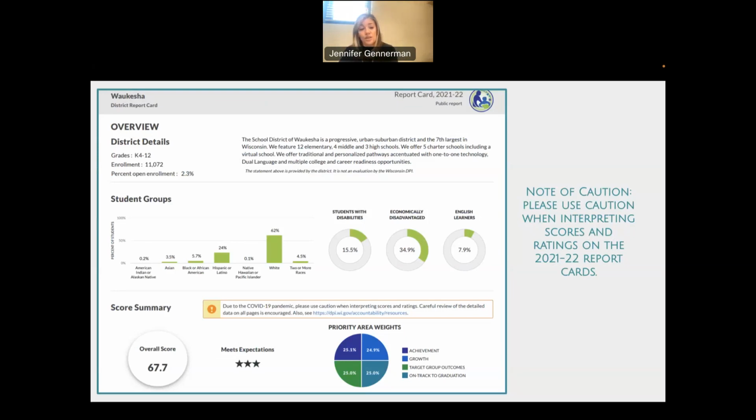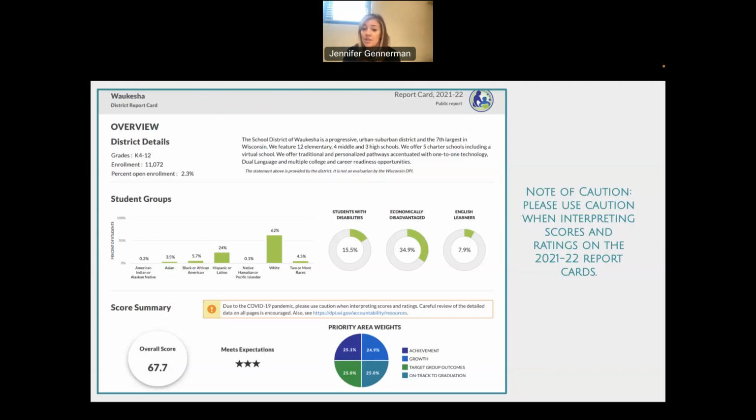For our score summary, our overall score was a 67.7, which puts us in the meets expectations category of having 3 stars. You'll then notice on the lower right here, our priority area weights. So every priority area is weighted about the same here for our district, with each being about 25%.